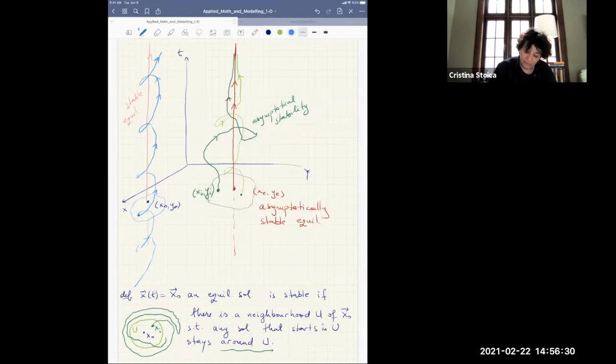Whereas if we take the same thing and we think about an asymptotically stable equilibrium, what will happen? We'll have the limit of, I start close, but as t goes to infinity, for any solution that starts near x naught, for any x of t starting in this u, it's exactly like here.